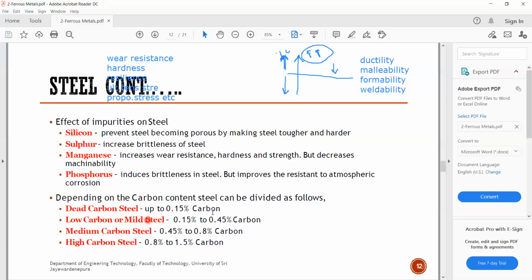Dead carbon steel has a very minor percentage of carbon, or you can consider it as not available. So this is the classification of steel according to the carbon content. You can ask what the different types of classification of carbon steel are, right?